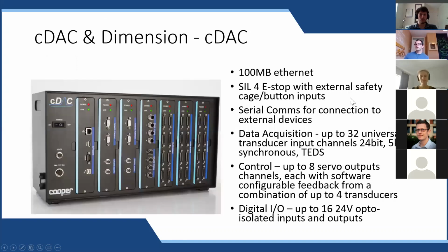So what we went away and produced was two things. One was this, which is our data acquisition and control unit, CDAC. That's with a C, not with a Q, for those NI people. It's 100 megabit Ethernet, so it really has the grunt to give us the data that we need.